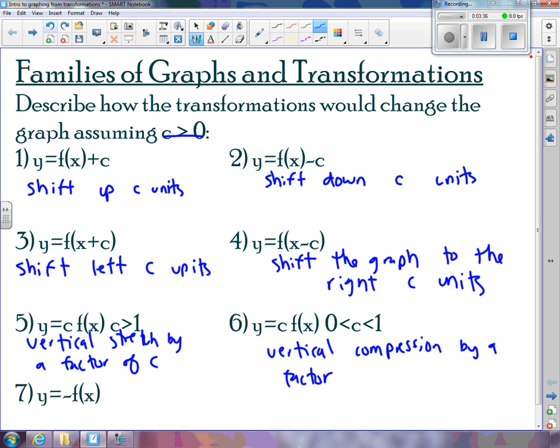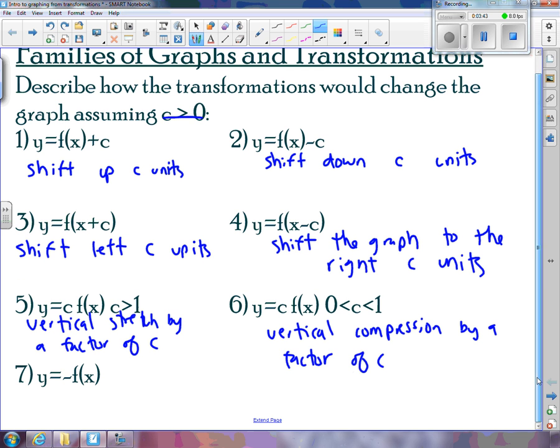Hopefully you wrote all this down for your notes. You didn't rewind. Okay, then the last one is if I have a negative multiplied on the outside of my function. So for our absolute value example, that was when we had something like that. So what that did was we had a reflection over the x-axis.